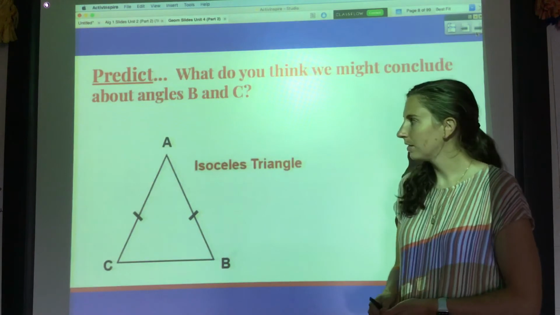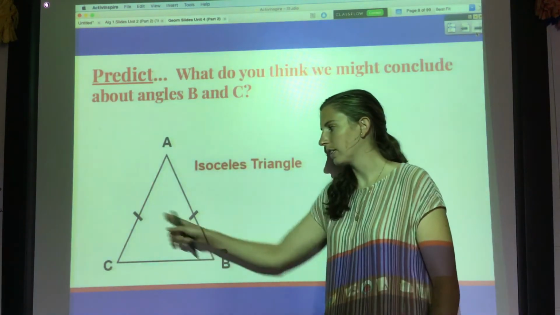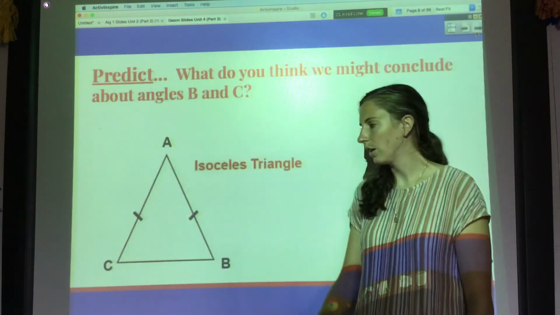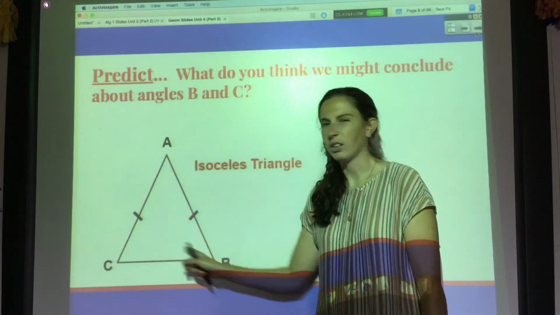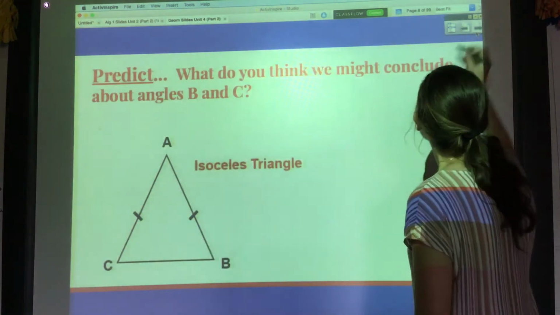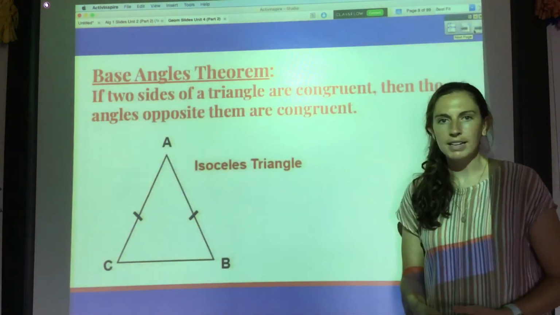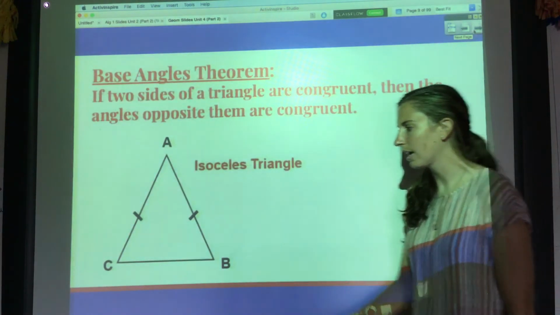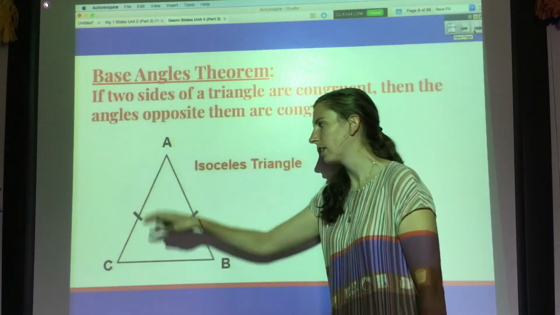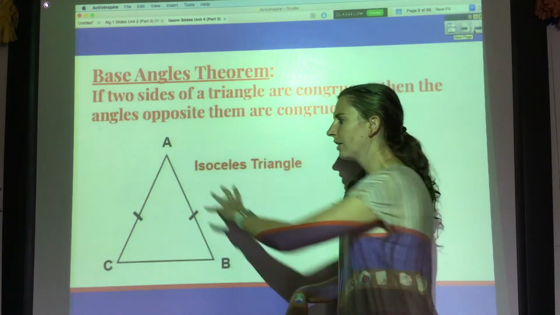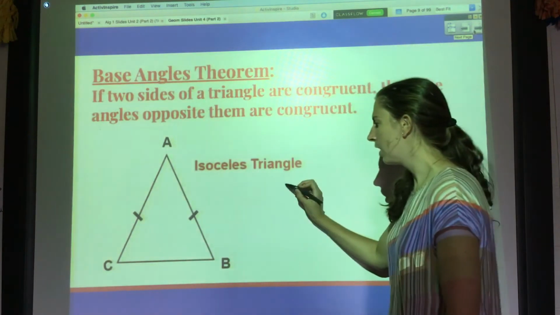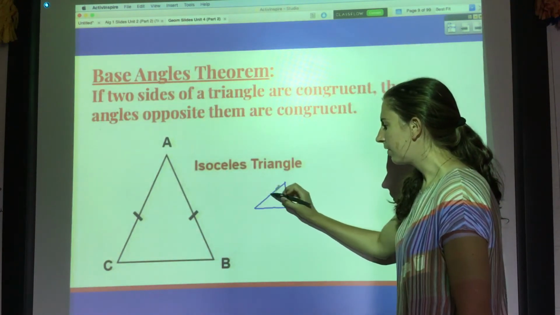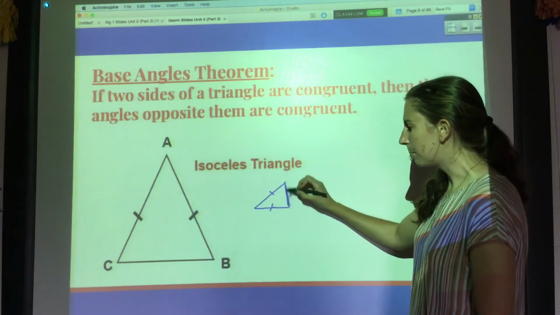So it turns out, if you have 2 congruent sides here, you also have 2 congruent angles, which kind of makes sense. This is called the Base Angle Theorem because you could kind of think of these as like a base on this isosceles triangle. Even if it's turned sideways, if those 2 were the same, we would still call this the base.